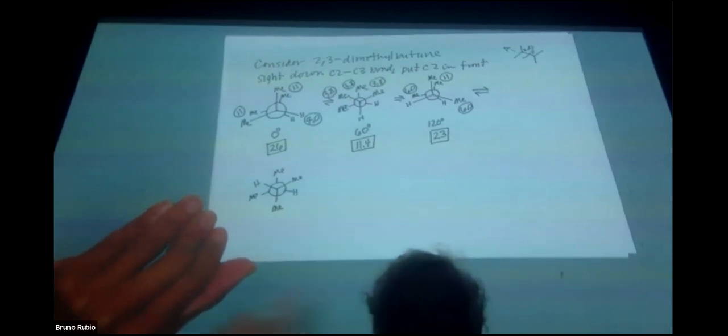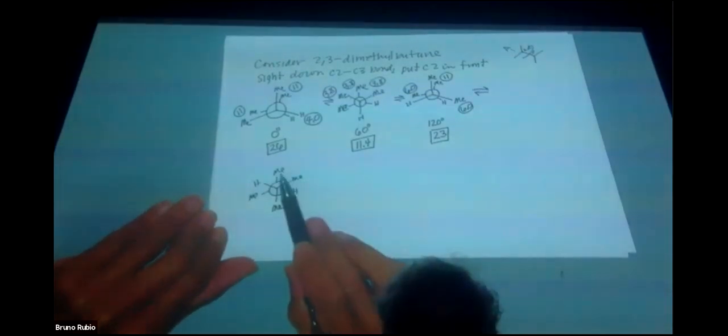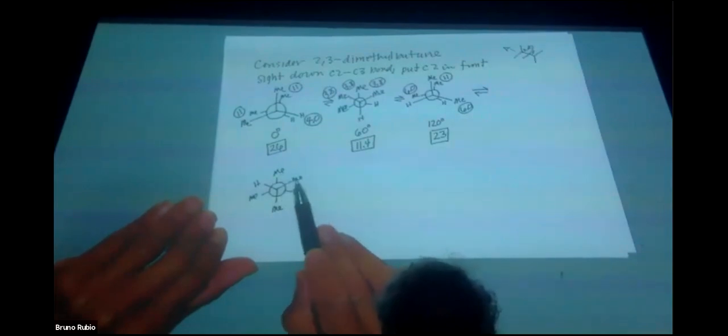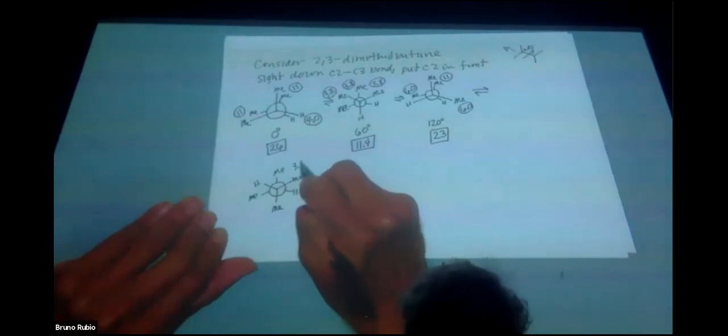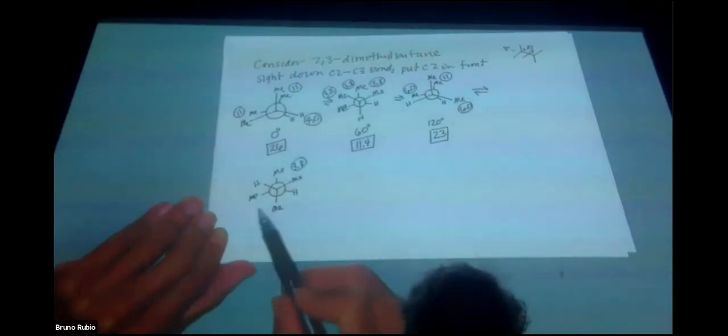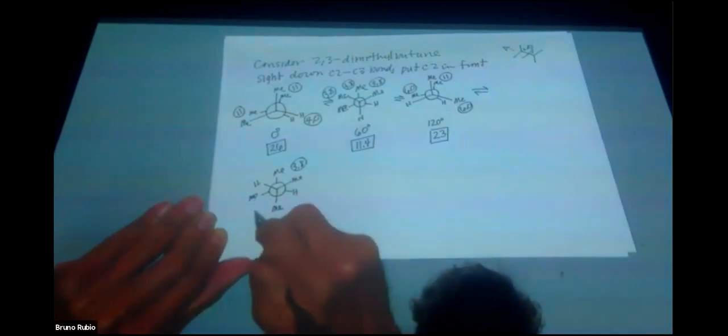Okay, and what are the strain interactions I see here? I see this methyl-methyl gauche. That's worth 3.8. I see another methyl-methyl gauche down here. That's worth 3.8 again.